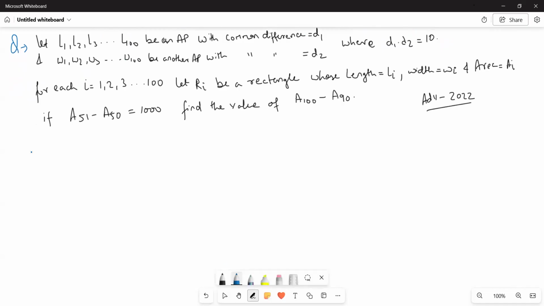The only significant data given is D1 D2 is 10 and A51 minus A50 is 1000. These are the only two values. The rest is just a story. That is the speciality of an advanced question: they build a story around it filled with extra information, which makes it difficult to ascertain what to do in the question.